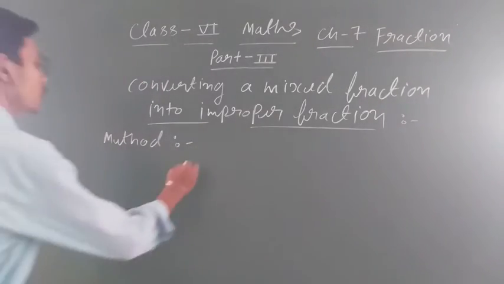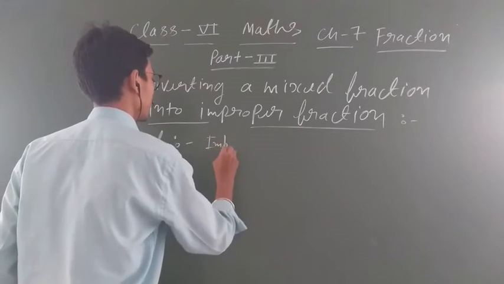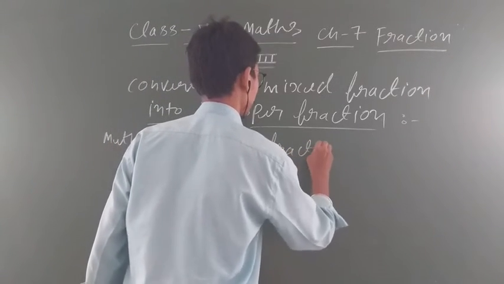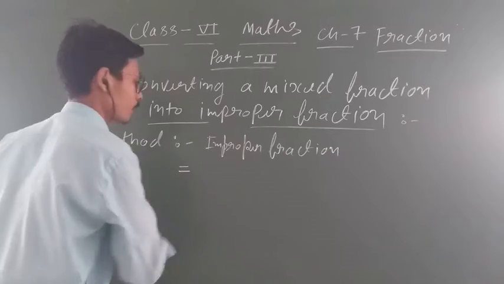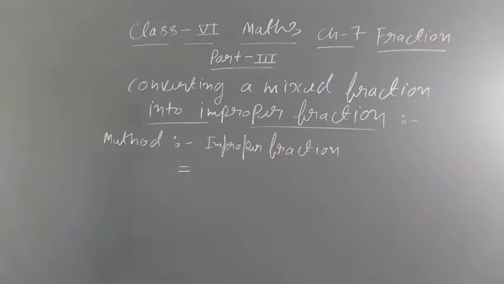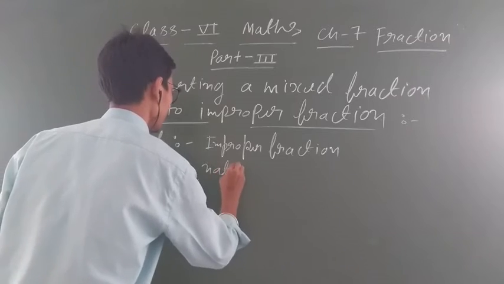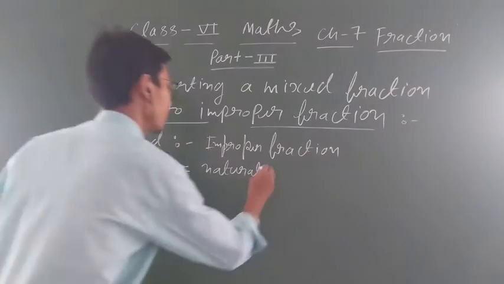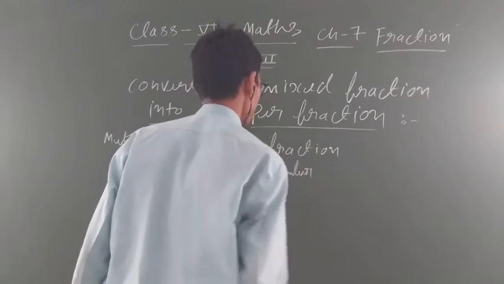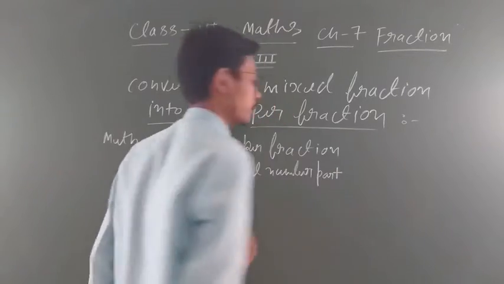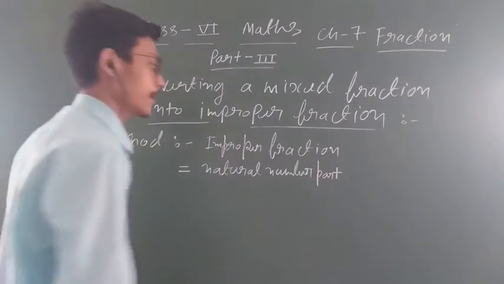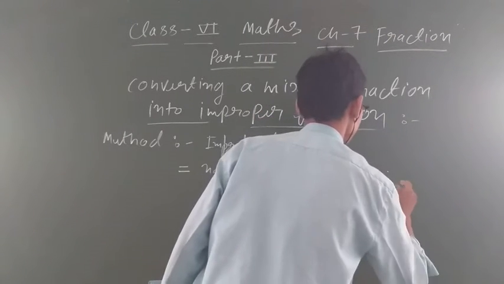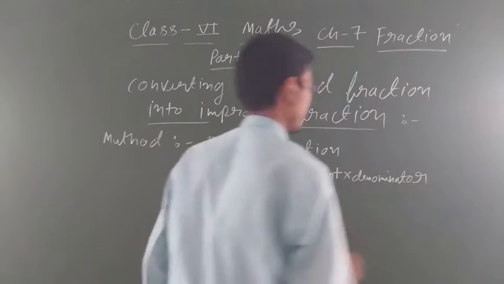Improper fraction is equal to the natural number part, multiplied by the denominator.